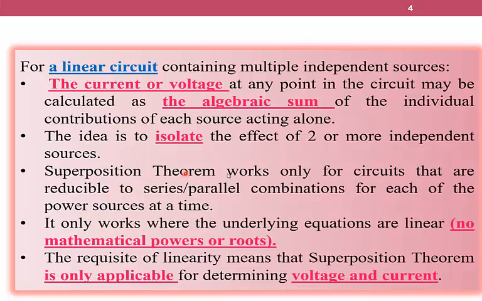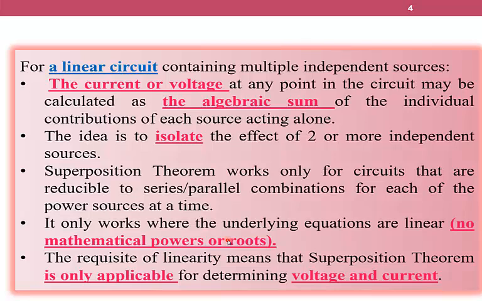Superposition theorem works only for circuits that are reducible to series parallel combination for each of the power sources at any time. It only works where the underlying equations are linear, no mathematical powers or roots. For example, as we have explored in the last experiment, we have discussed Ohm's law and we have reached the linear relationship between voltage and current.